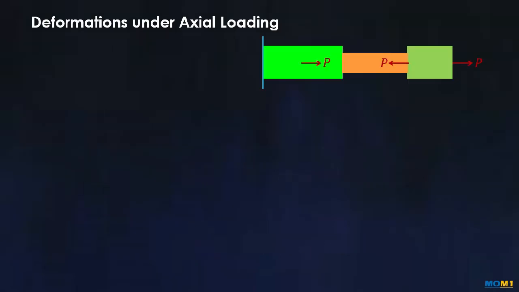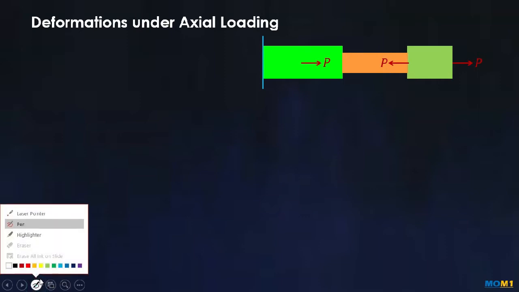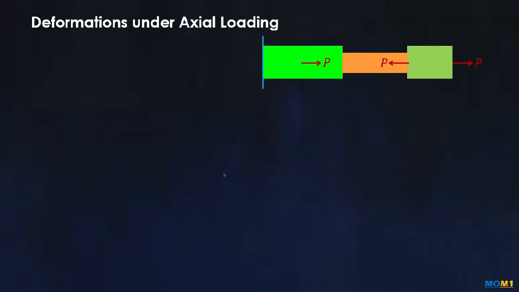Now let's suppose we have a component like this, which is not made up of uniform material, neither is the cross-sectional area the same all along, and the application of forces is in between the sections.